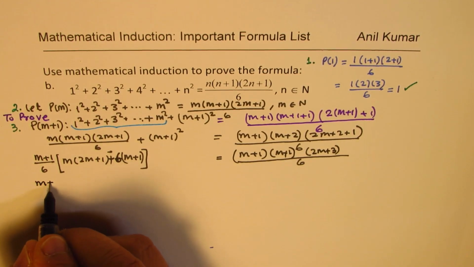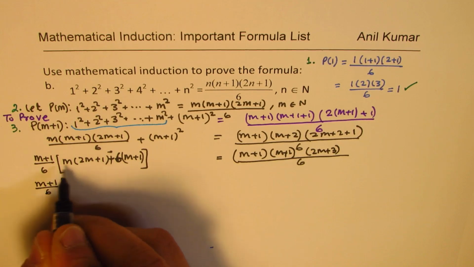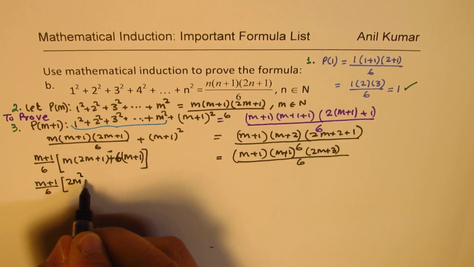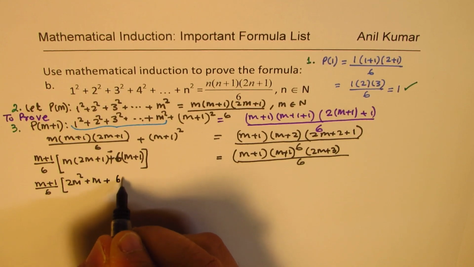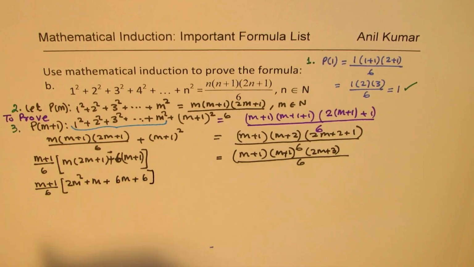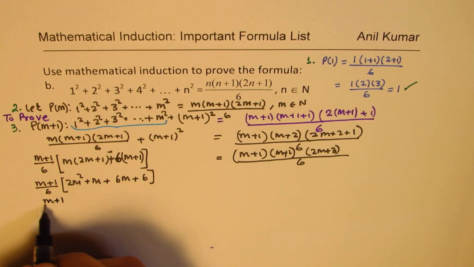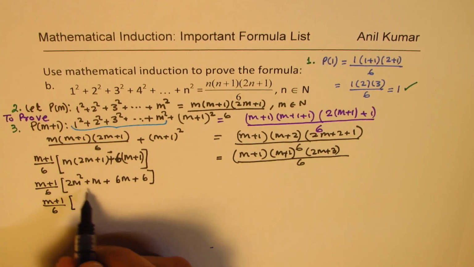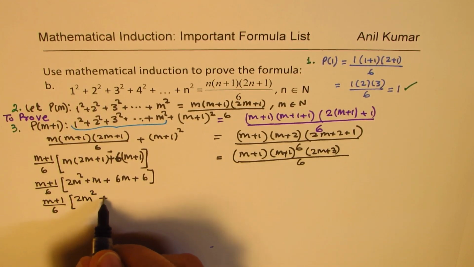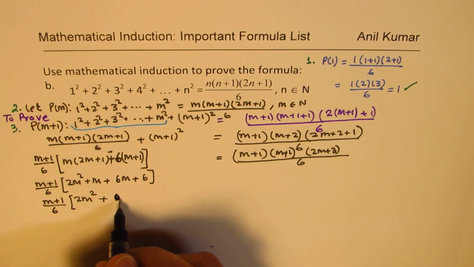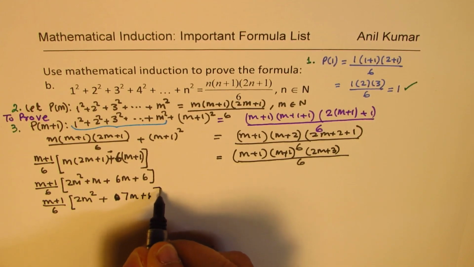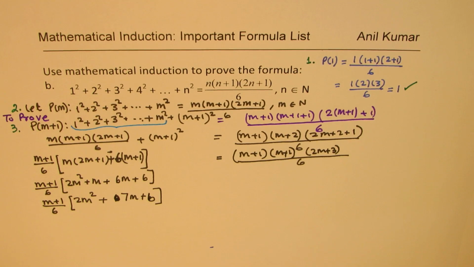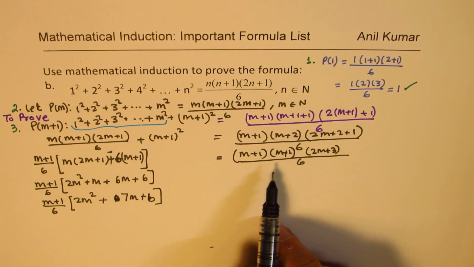So we get m plus 1 over 6, and here we get 2m squared plus m plus 6m plus 6, right? Now, that gives us m plus 1 over 6, 2m squared plus 7m plus 6, correct?